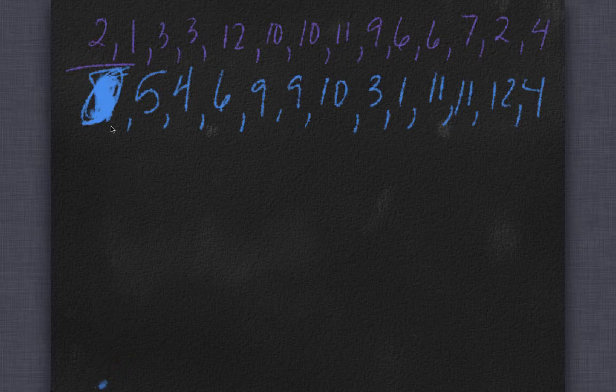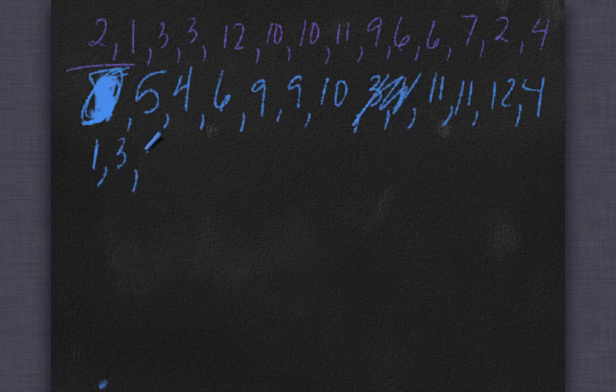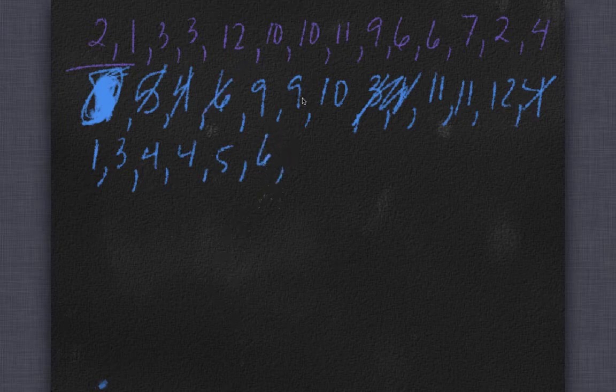So I'm going to look at the first one. Well, I guess I'll look at the second one while I've got the blue. So I look through, and there's 1. There are no 2s. There's 1 3, 2 4s, 1 5, 1 6, 9 9, 10, 11, 11, 12.